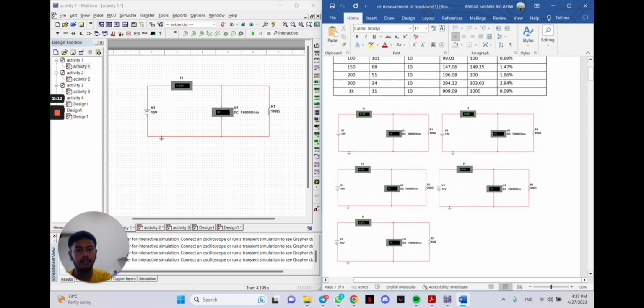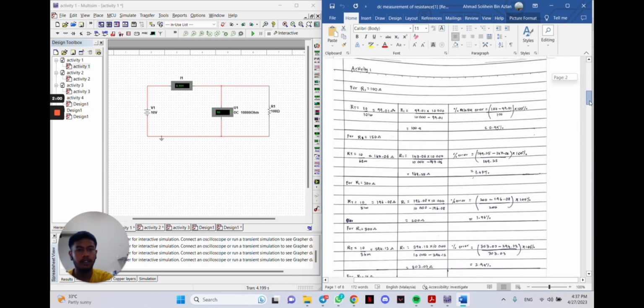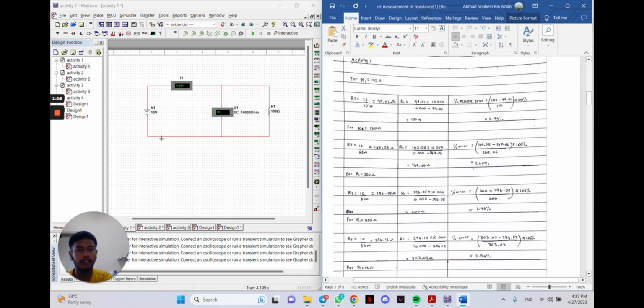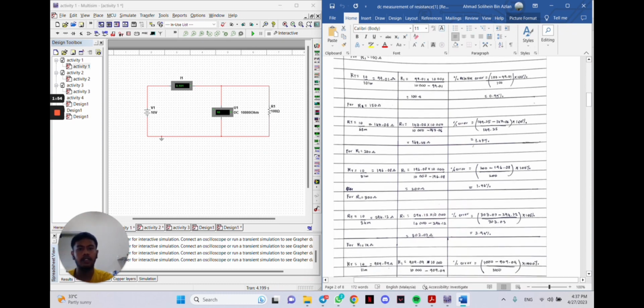This is for 100 ohm, this is for 150 ohm, 200 ohm, 300 ohm, and 1 kilo ohm. Before activity 2, this is the hand calculation for activity 1 to find RT, R1 and 100 and percentage of relative error.